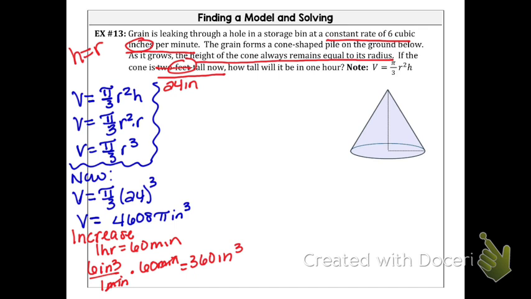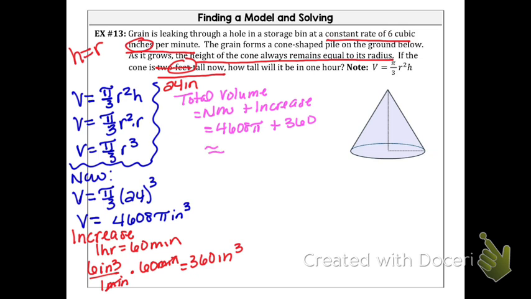So let's look at the total volume. That's going to be the now plus the increase. My now was 4,608 pi, plus we just did 360. I'm going to use my calculator and put in that pi.